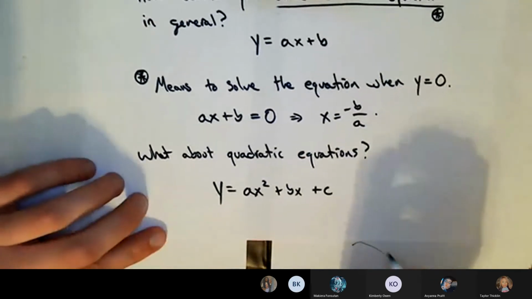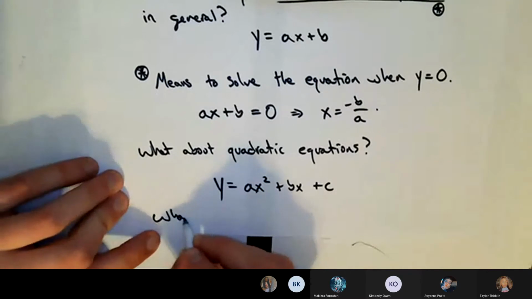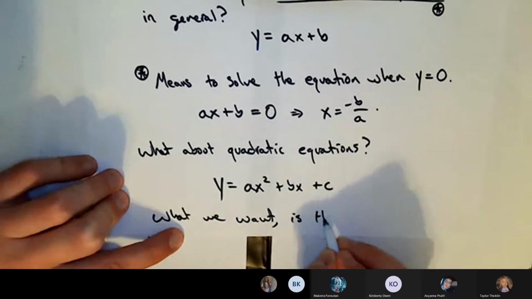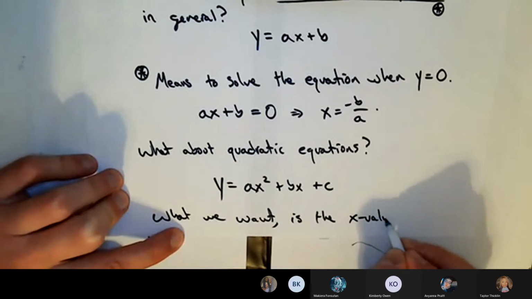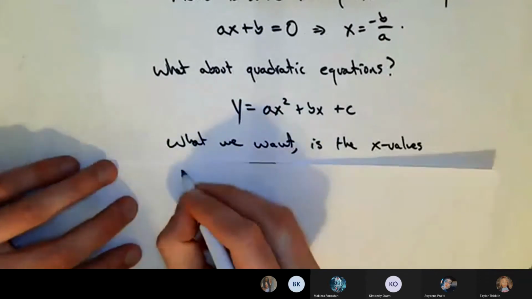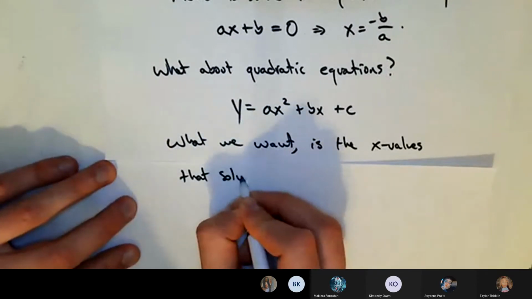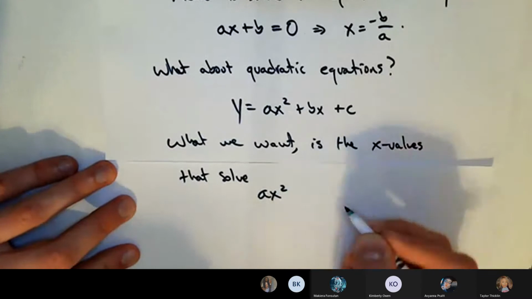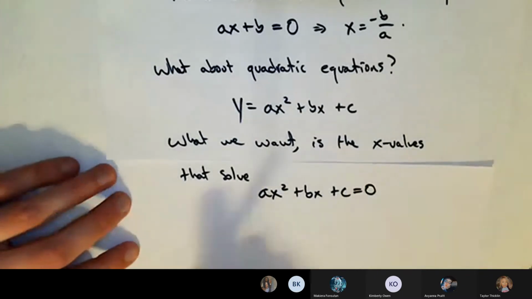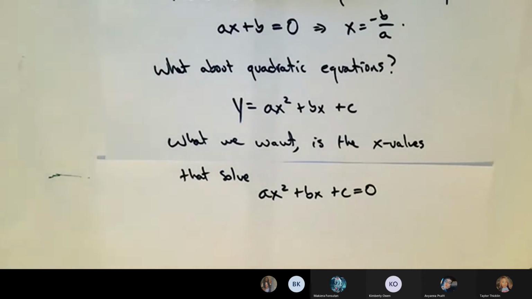And when we talk about wanting to solve them, what we want is the x values that solve this equation, similar to how I set up the last thing with linear equations. We want to solve for the zeros of it. We want to know what x values can I plug in that yield a 0. Okay.